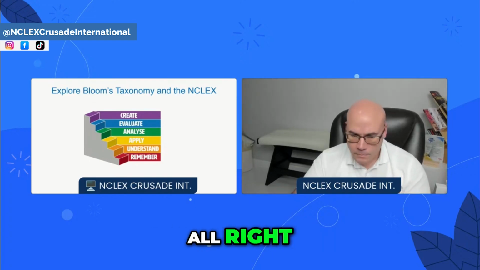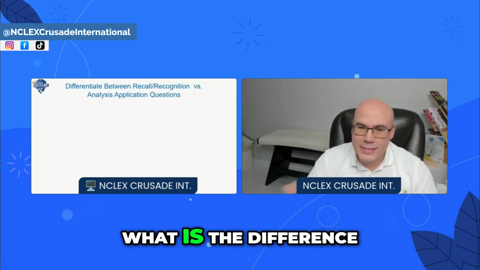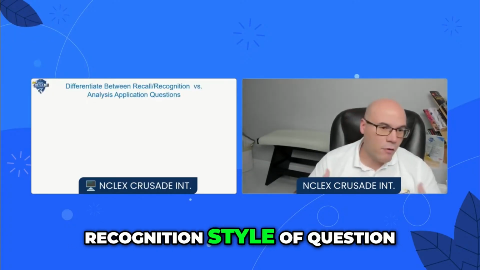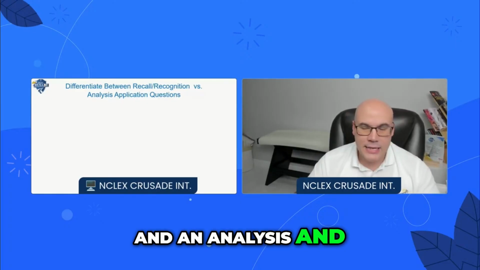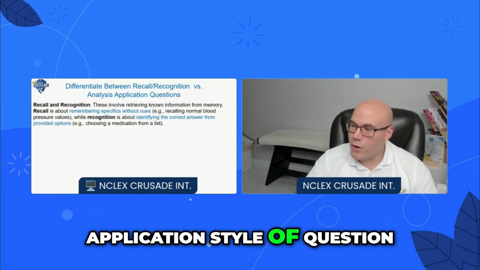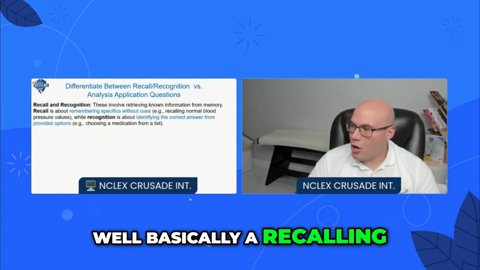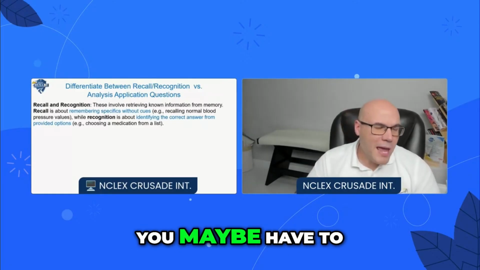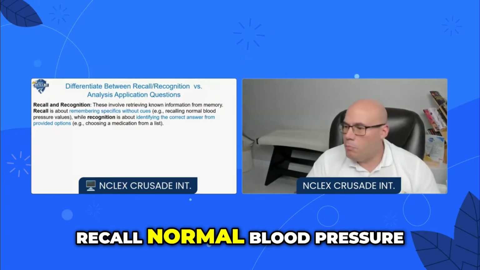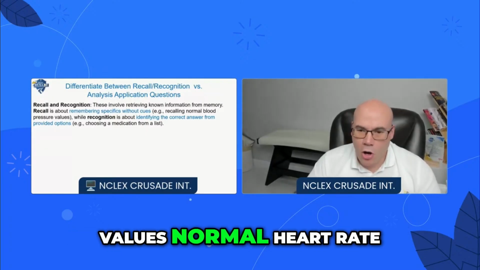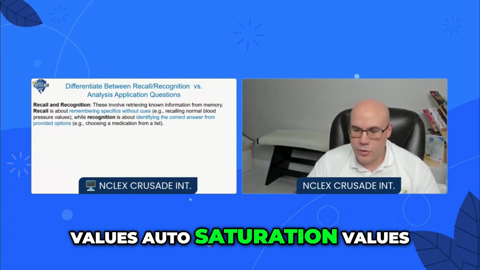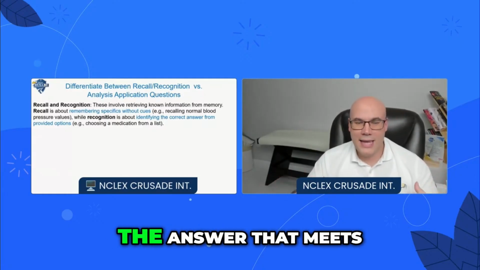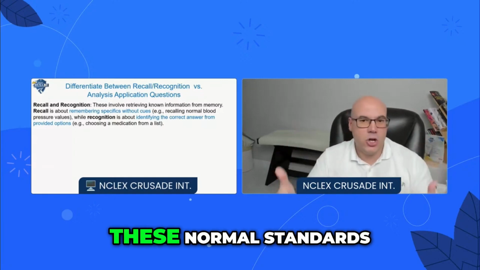All right? So let's see the difference. What is the difference between a recall and recognition style of question and an analysis and application style of question? Well, basically, a recall and recognition question is one where you maybe have to recall normal blood pressure values, normal heart rate values, O2 saturation values, and choose the answer that meets these normal standards.